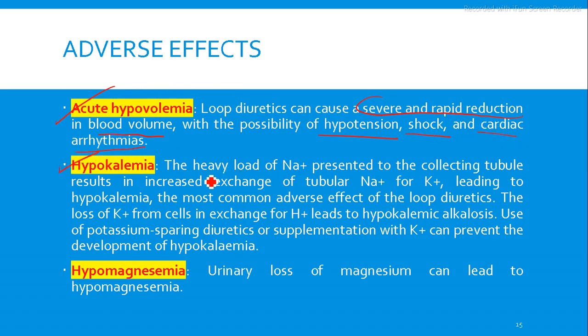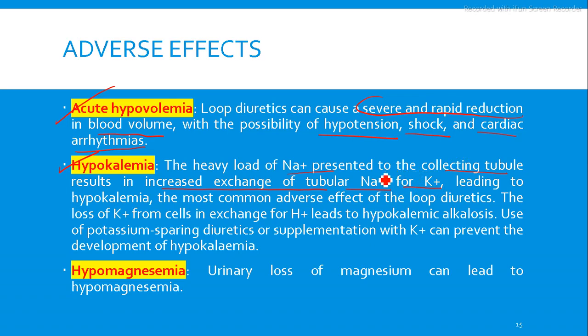Then hypokalemia. As it causes excretion of the potassium, it can lead to hypokalemia. The heavy load of sodium presented to the collecting tubule results in increased exchange of tubular sodium for potassium.